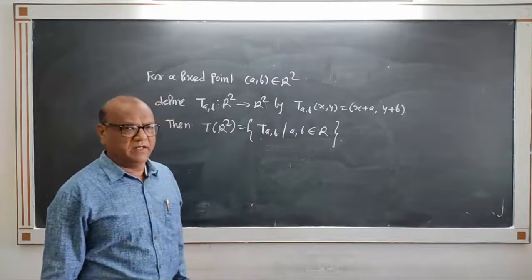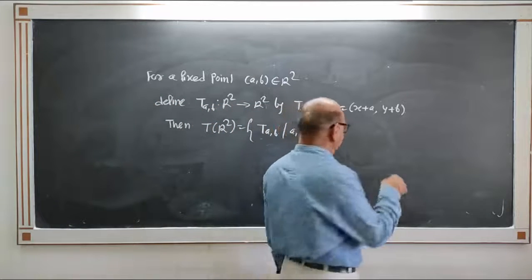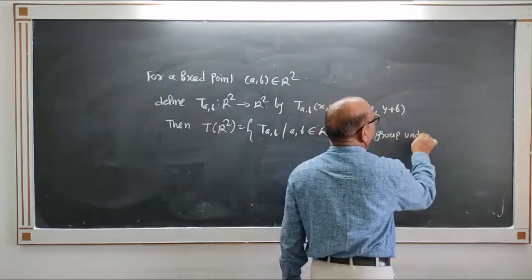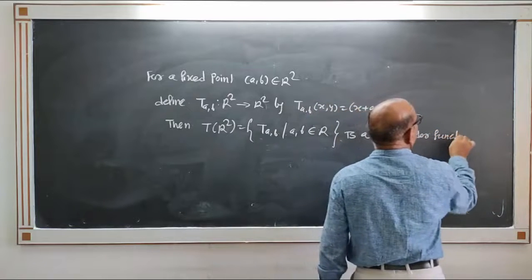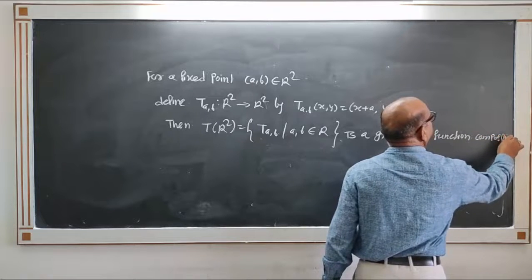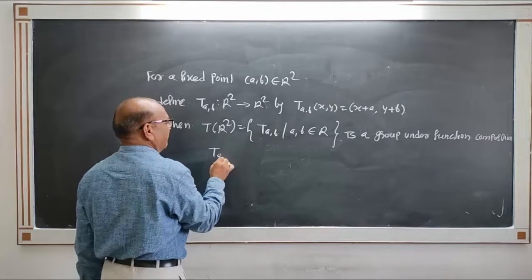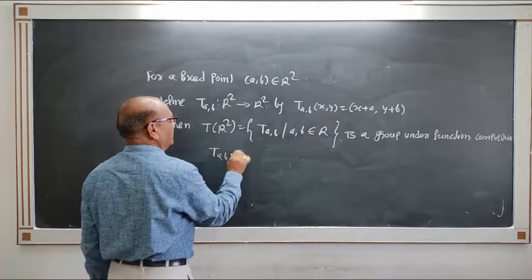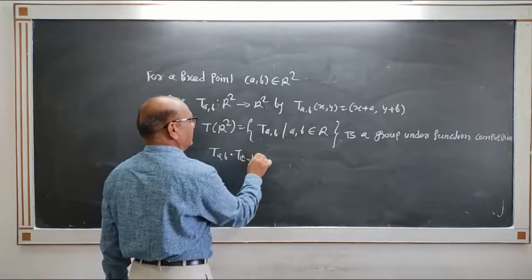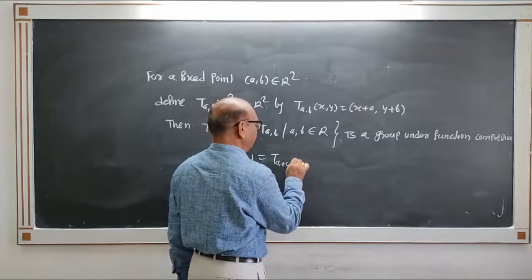is a group under function composition. Here T of (a, b) composed with T of (c, d) is equal to T of (a plus c, b plus d).